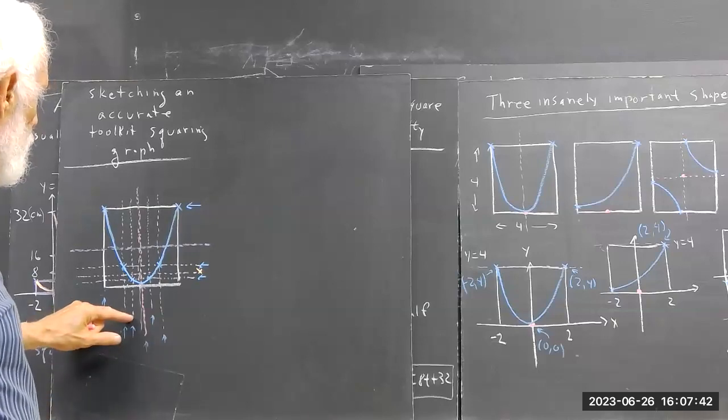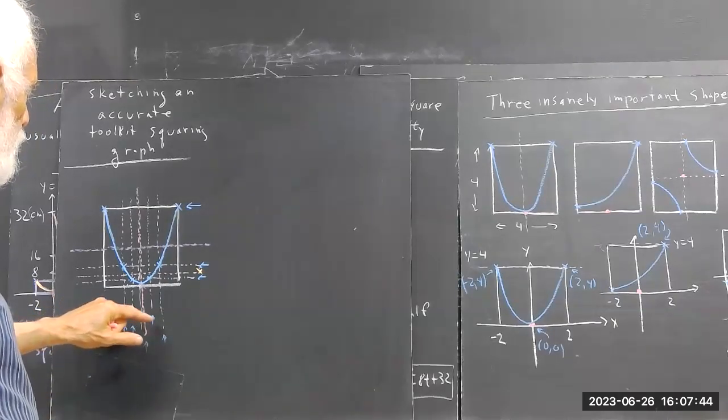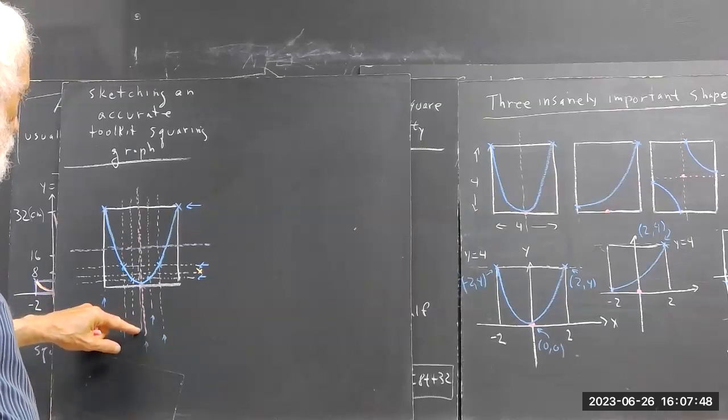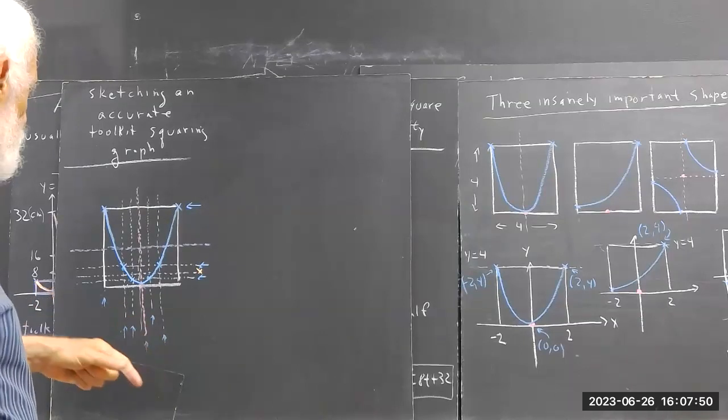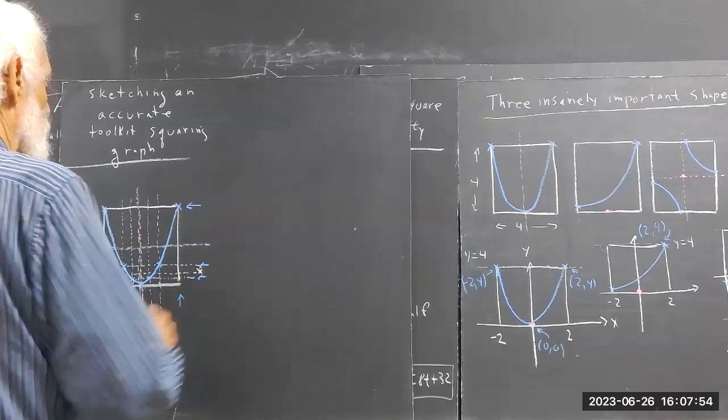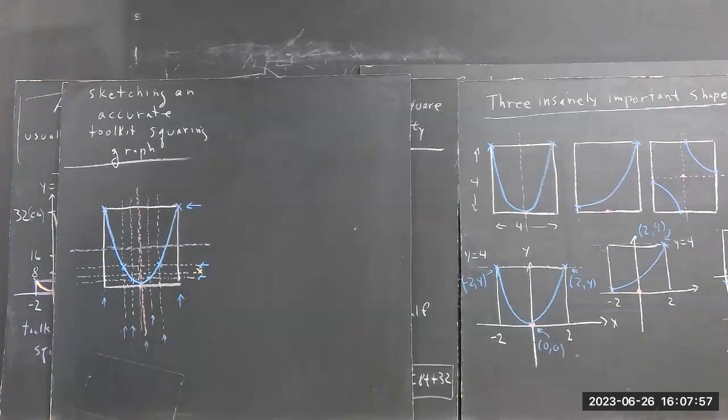So we use all 1, 2, 3, 4, 5, 6, 7. Here's a good picture. We can make estimates based on this picture. So a lot of things we can use it for. In any case, this is how you draw it.